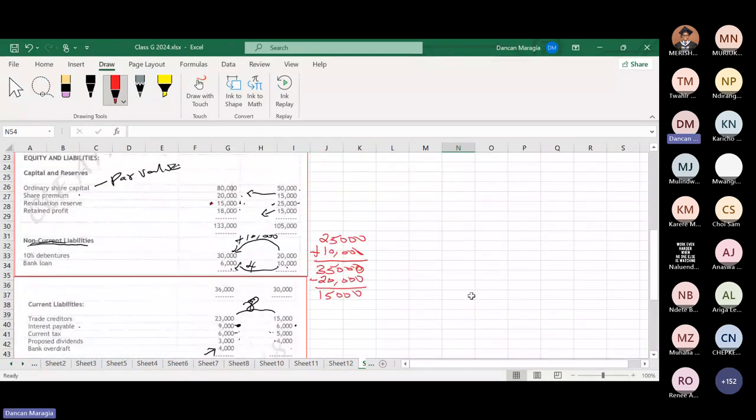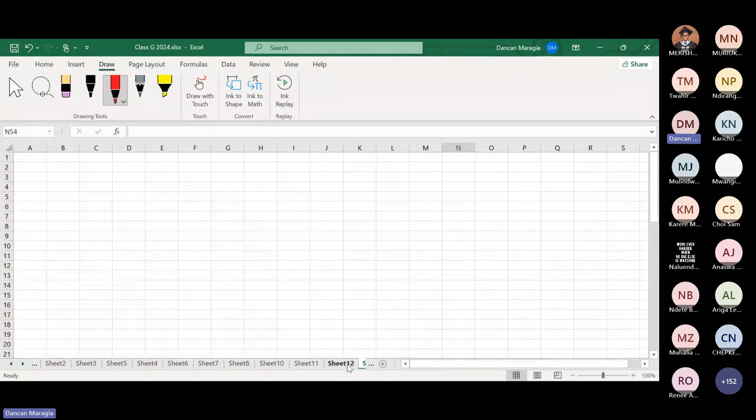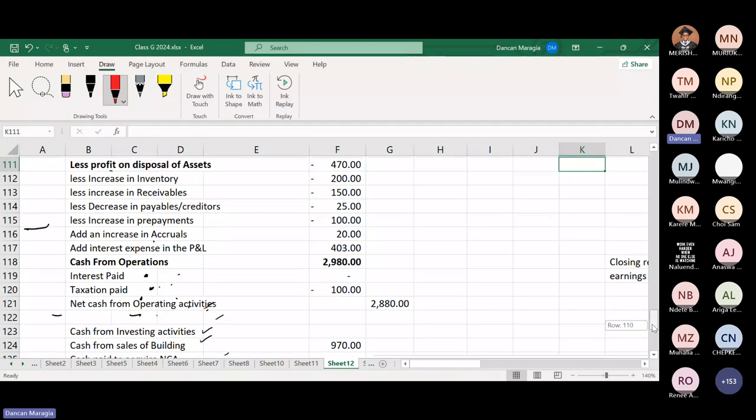But most students find that the approach of taking the statement of cash flow, the way we had it here, works for them. Let me show you this.